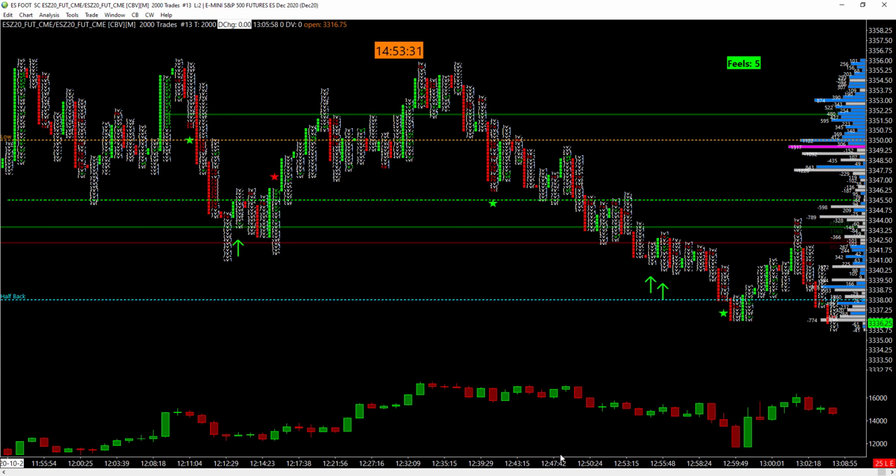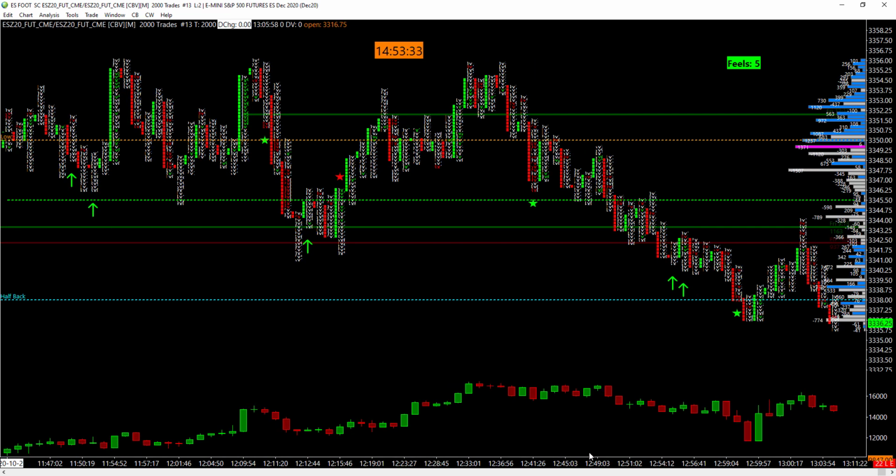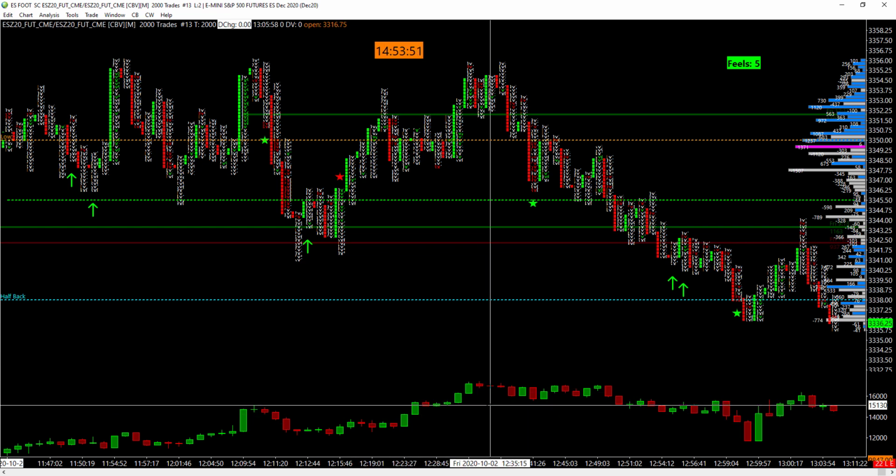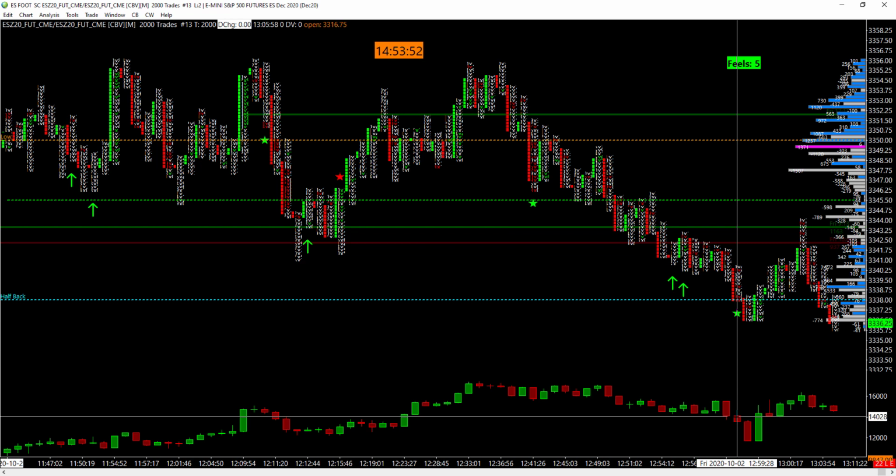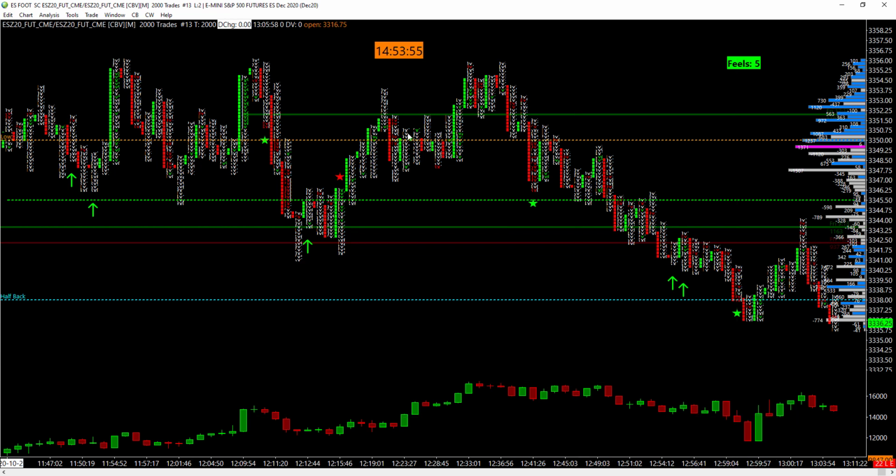So we'll just look at, it doesn't really matter that it's a footprint, right? The divergence detector for delta, all it really needs is the open, high, low, close of price and the open, high, low, close of delta. And we have delta down here in the subgraph, and we have price up here, right?